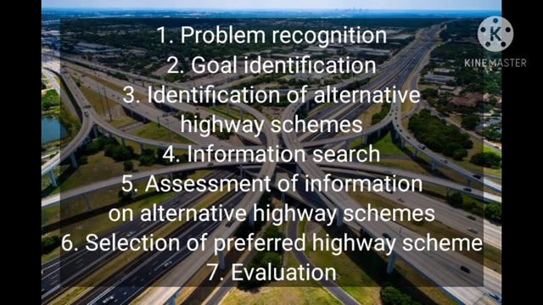Next is identification of alternative highway schemes. So different potential solutions are established or assembled prior to the evaluation. Next is information search. So the decision maker seeks to identify characteristics associated with the alternative solutions.